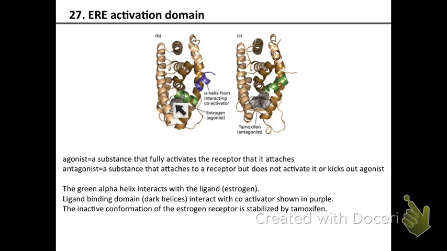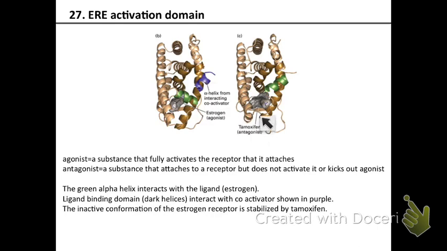And that binding to estrogen actually allows this green alpha helix of the estrogen receptor to bind to the alpha helices from the coactivator shown in purple. Okay? So when bound to the estrogen, this conformation allows the binding to the coactivator.